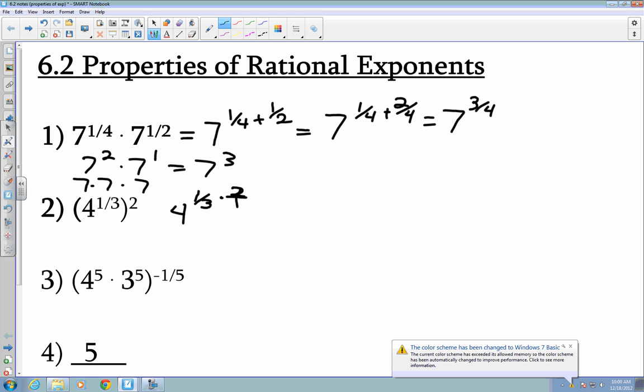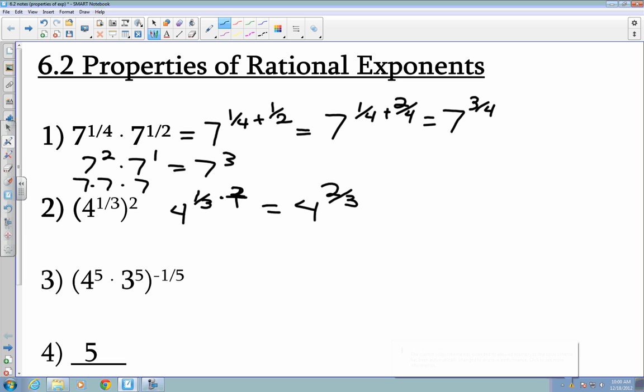So 1 times 2 is not 3, it's 2. 3 times 1 is 3, and so I have 4 to the 2/3 power. You have to remember how to multiply your fractions in order to do that part, which you got a little practice with yesterday.